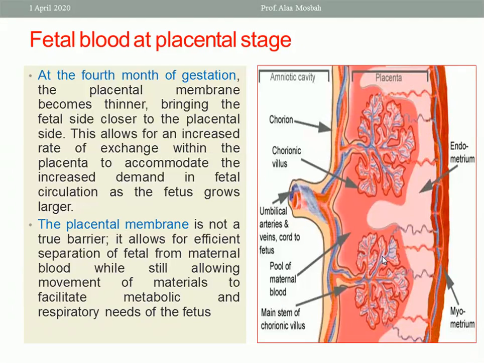The placental membrane is not a true barrier. It allows for efficient separation of fetal from maternal blood while still allowing movement of material to facilitate the metabolic and respiratory needs of the fetus.